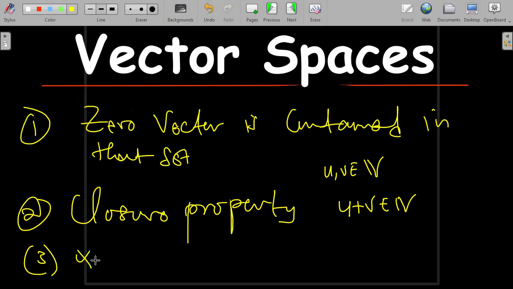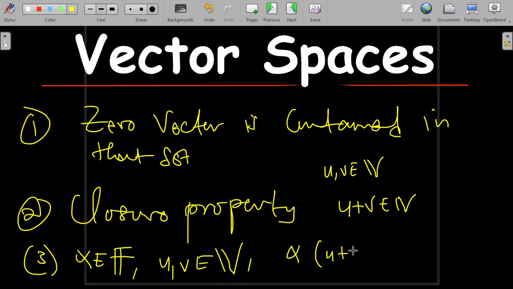So if I have a scalar alpha being part of a certain field, let me say F, and then I have u and v being vectors which are part of this space, then alpha multiplied by u plus v should also be in the space.